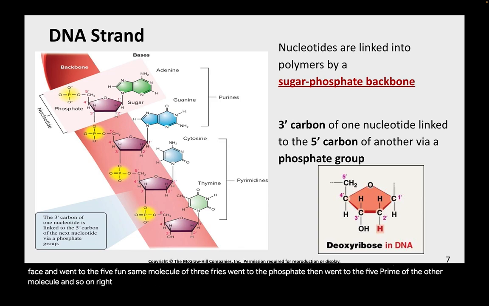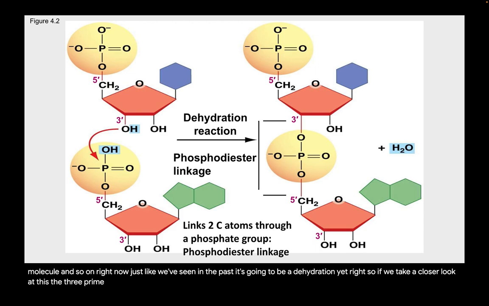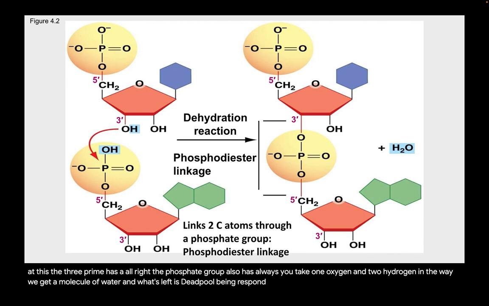Right? Now, just like we've seen in the past, it's going to be a dehydration reaction. Right? So if we take a closer look at this, the 3' has an OH. All right, the phosphate group also has an OH. We take 1 oxygen and 2 hydrogens away, we get a molecule of water, and what's left is that covalent bond, which, just like our glycosidic bonds and our peptide bonds, has a very specific name.